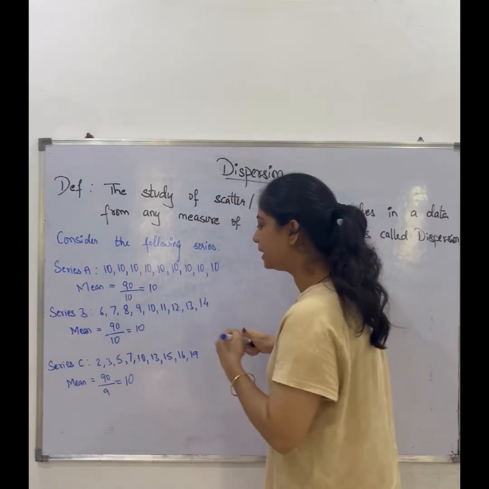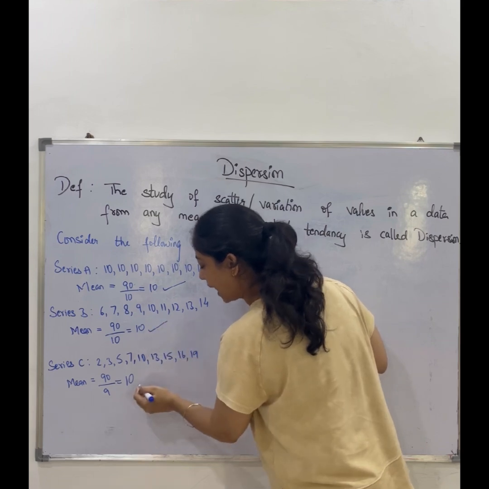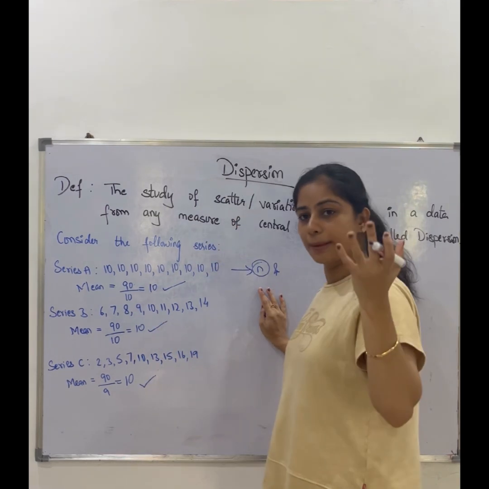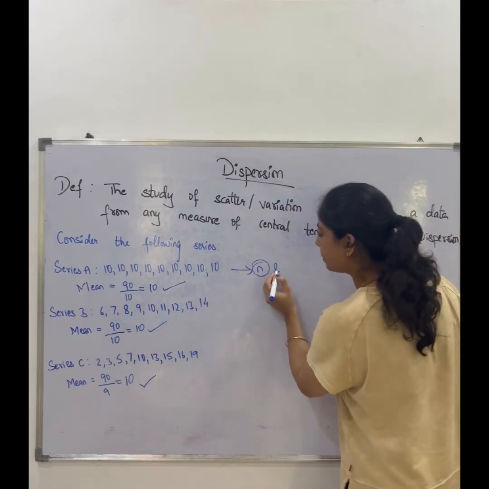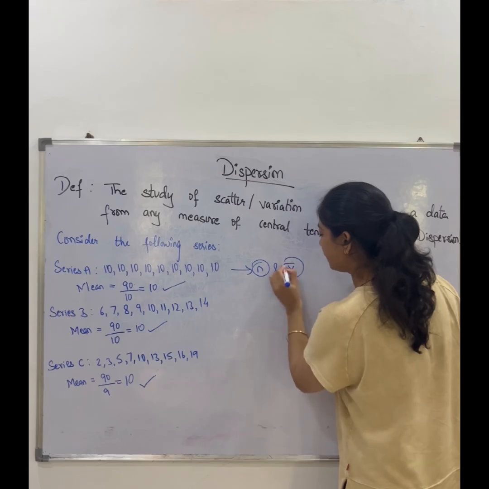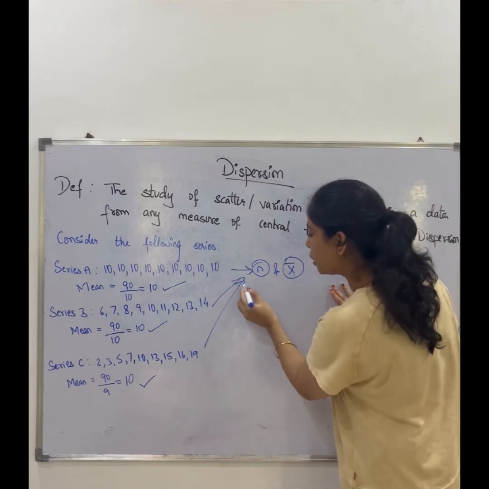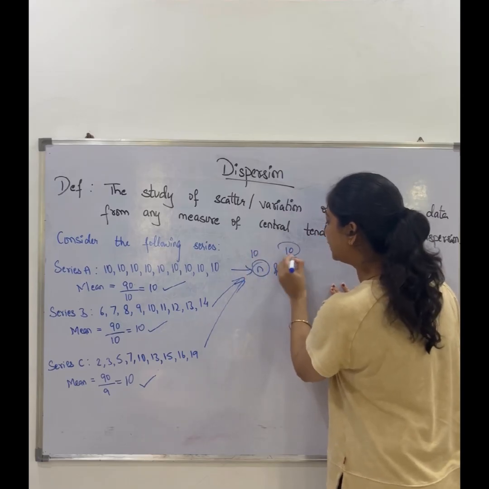In the first series the mean is 10, in the second series again the mean is 10, and even in the third series the mean is 10. Now what is similar in all the three series is the size, which is denoted by n, and the mean x bar, right? In all the three cases you have 10 numbers and the mean is also 10.